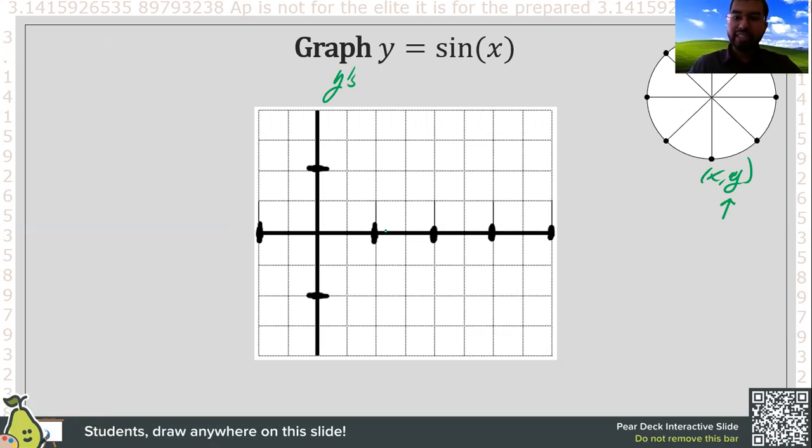Keep in mind, we're only going to use the critical points from the last slide, which are our 0 degrees, 90 degrees, 180 degrees, 270, and 360, right? So this right here is 90 degrees, which is pi over 2, then pi, then 3 pi over 2, and 2 pi. Okay, and of course, on the left-hand side, we have this being negative.